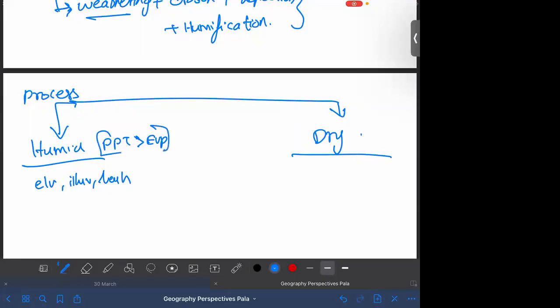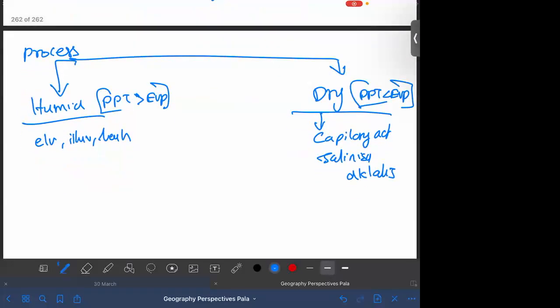And here precipitation is less than evaporation. So that is the main difference. Now here you would be seeing capillary action, salinization, or alkalization. Okay, so that is dry climate.